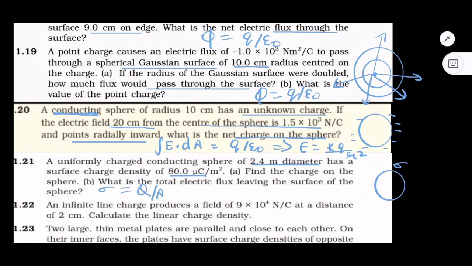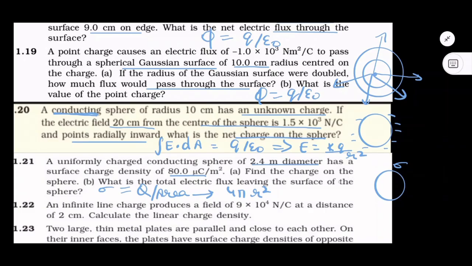We are given the charge density and the diameter, so we can apply the formula for the area of the sphere, that is 4 pi r square. You just need to put the value of the radius over here and perform the calculation, which will give you the value of the charge on the sphere.